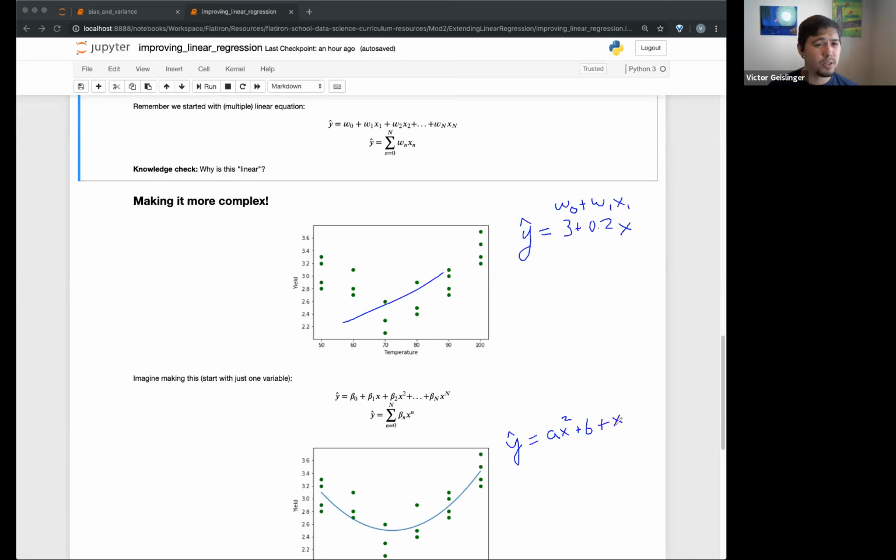Now, usually you wouldn't draw this out. If you remember way back in high school, when you learned about graphing in algebra 2, you might have seen something like x minus b, squared, plus k or something like this.